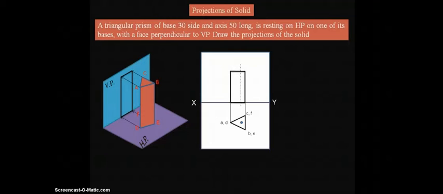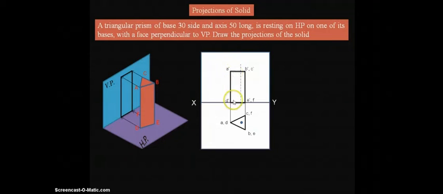After this, locate the corner points A comma D, B comma E, C comma F, and similarly in the front view we represent A dash, D dash, B dash comma C dash, E dash comma F dash. How is it? In front we can see A and D individually.